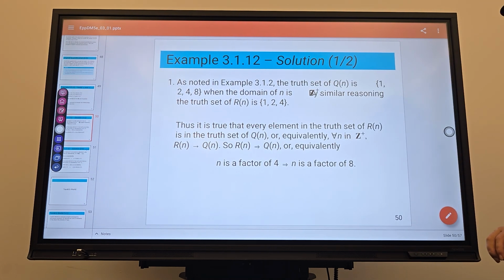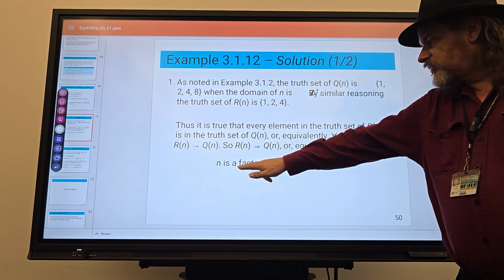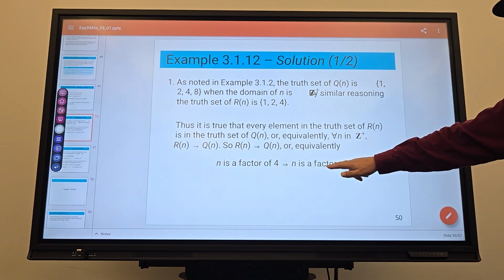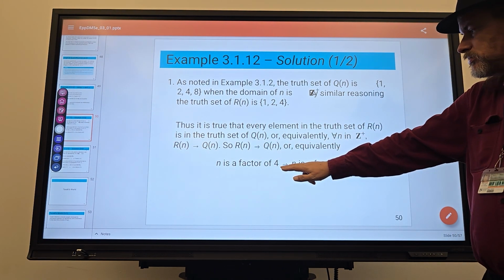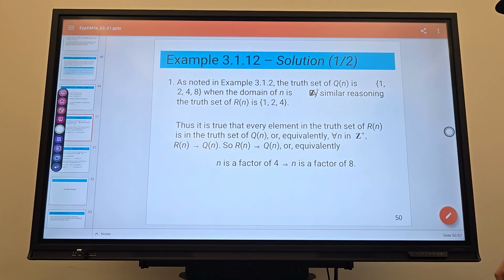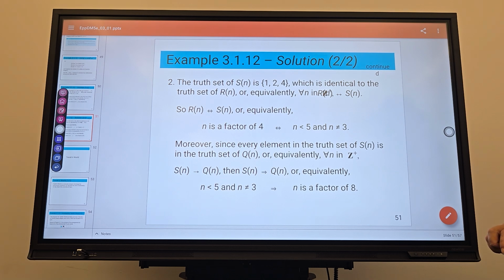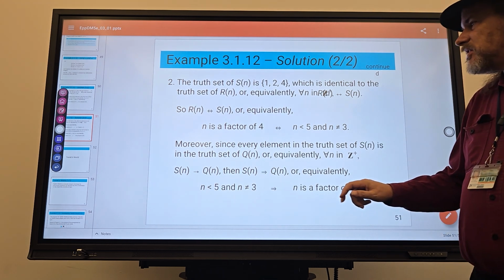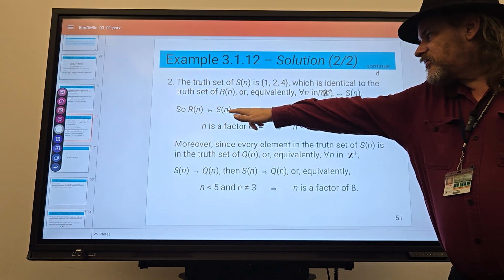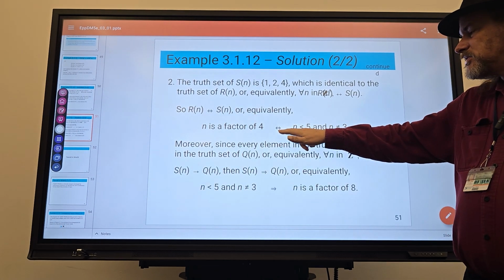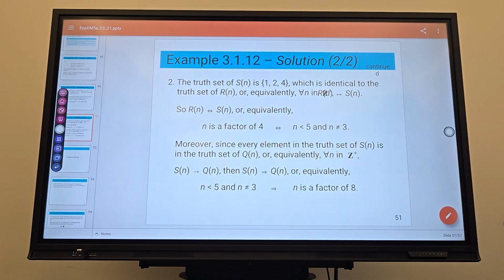So n is a factor of 4, and that would be pointing to n is a factor of 8. And R of n and S of n are the same, so they can have the bidirectional arrow.